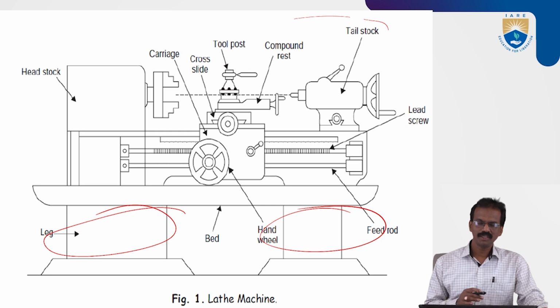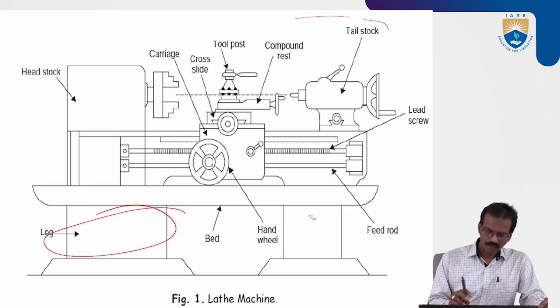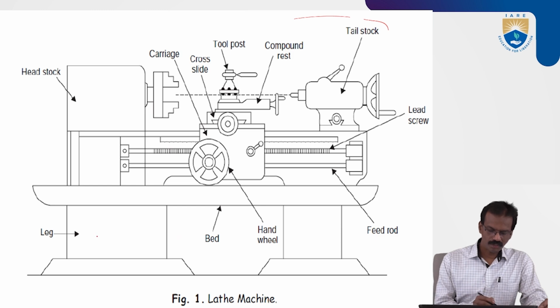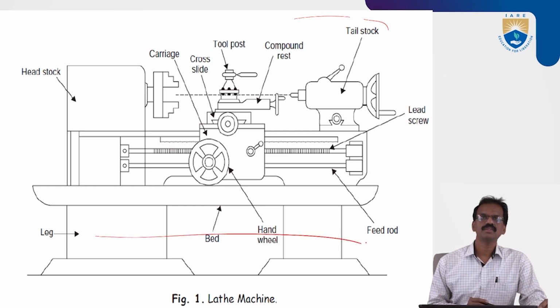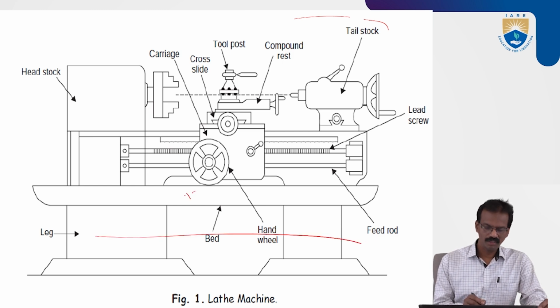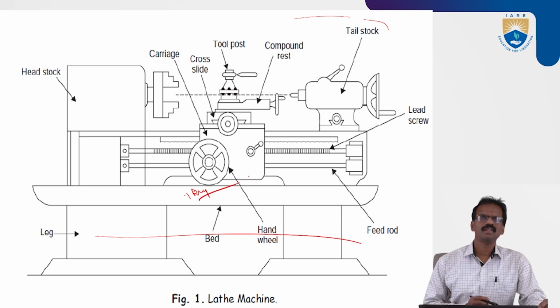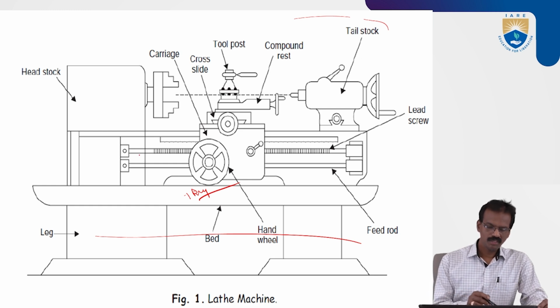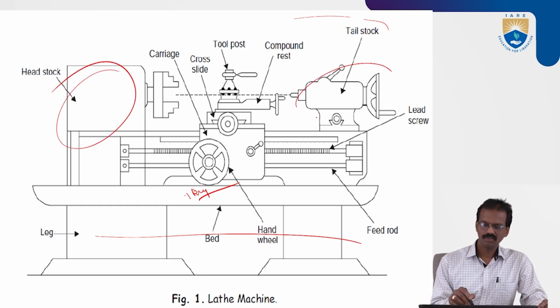It is a brittle material, so plasticity doesn't occur in this material. These are the legs. On this one is a tray, to collect the chips and to place some important or required tools. This one is the headstock, and this is the tailstock.